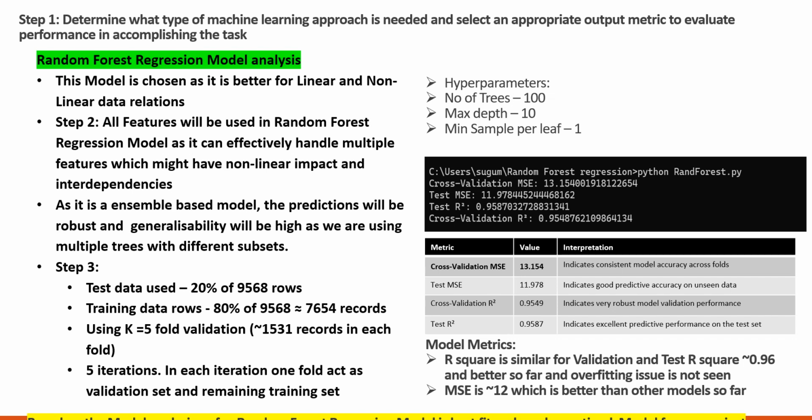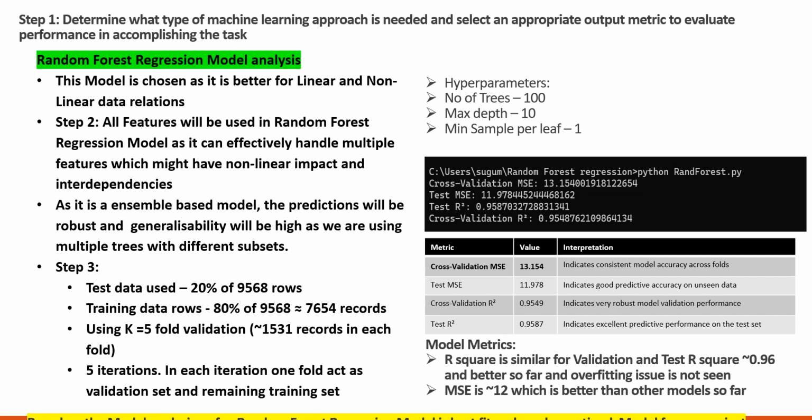So we are trying to determine what the hyperparameters are for the random forest regression analysis. We have taken the number of trees as default 100, max depth as 10, and minimal samples per leaf as 1. It's an ensemble based model, and we are using a strategy of k-fold validation set based training, and then we are using approximately 20% of our data for the actual testing.